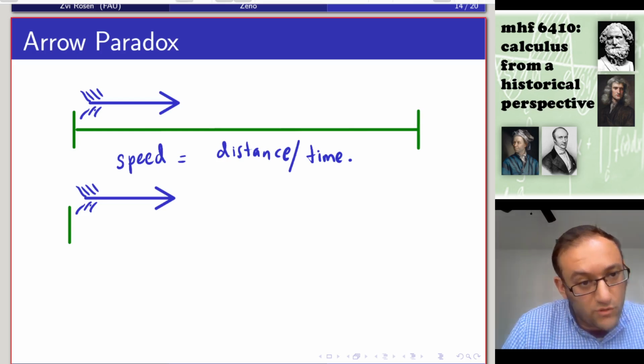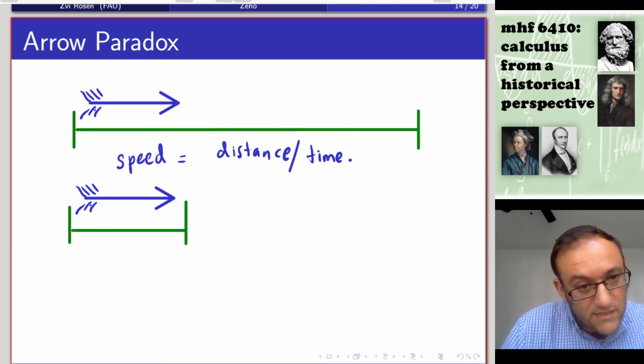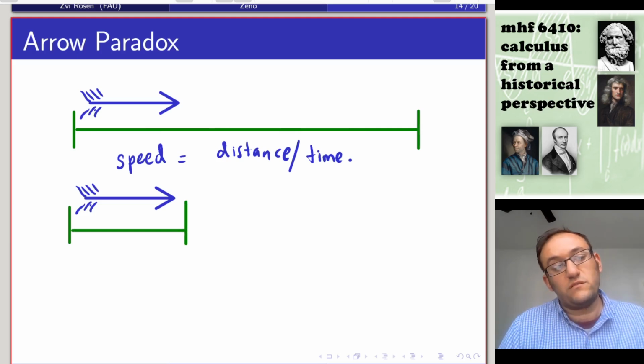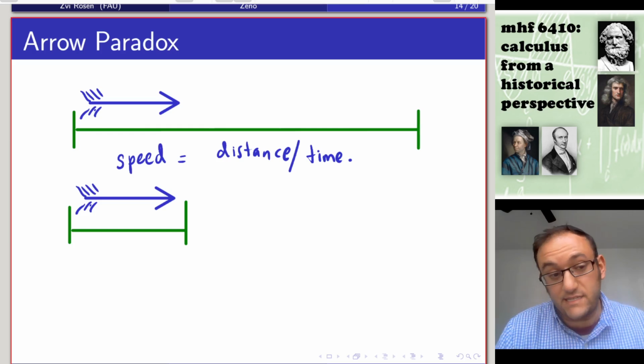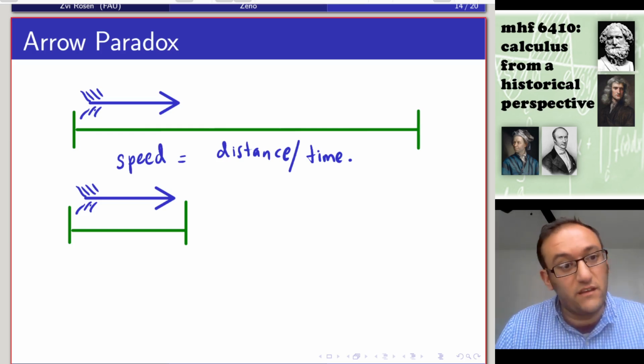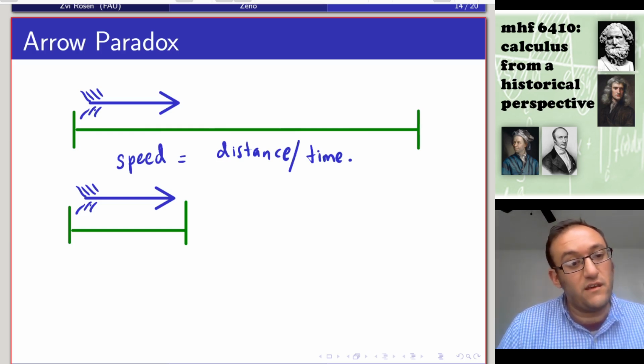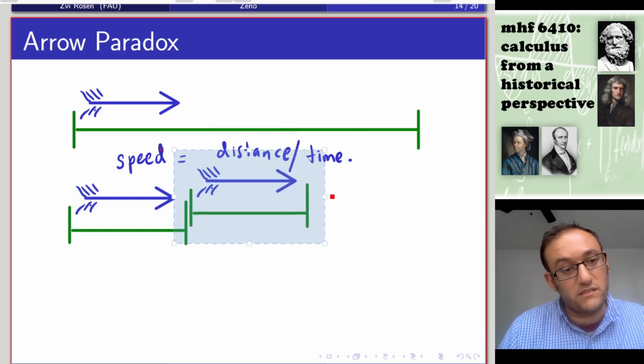Okay, so let's get a shorter window on this arrow. So we'll measure this shorter distance, and then we'll divide it by the time it takes to go that shorter distance to get a really fine view of what that speed is.